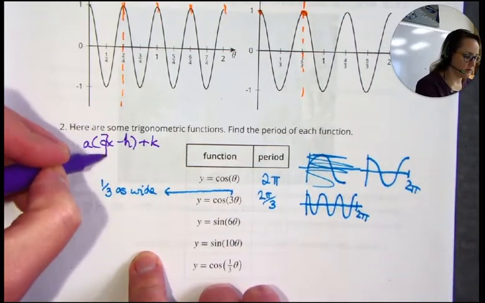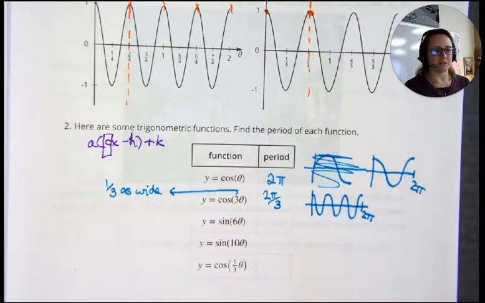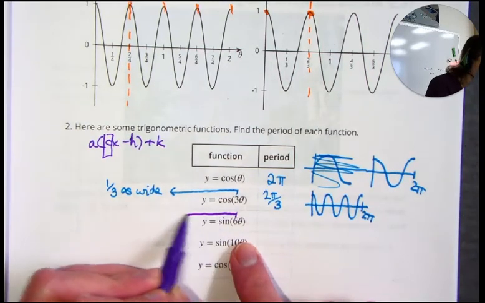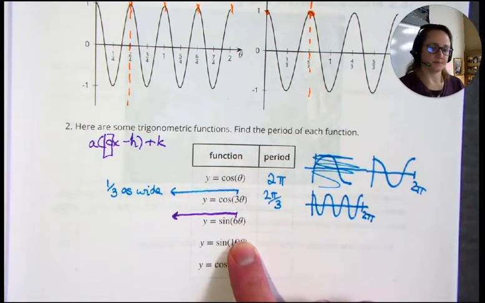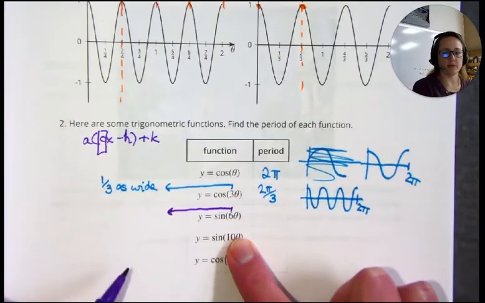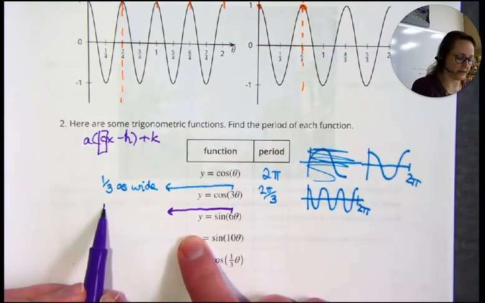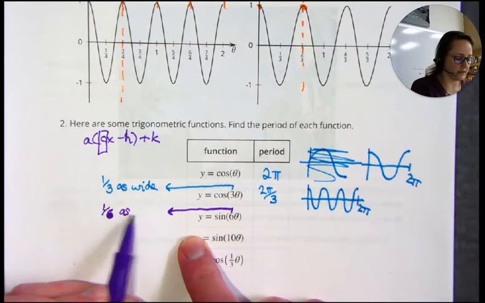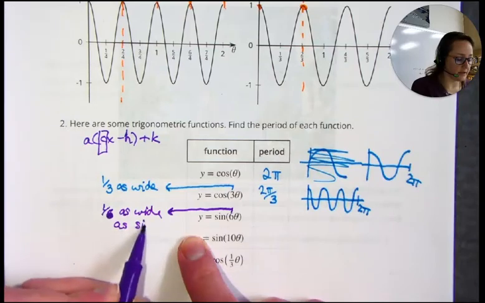And so remember that if they're inside with the angle measure, they're going to work opposite of what we tend to think. Okay? So continuing on, this idea that we would have this time 6 theta in parentheses means that it's not going to be 1/3 as wide like it was before. This time it's going to be 1/6 as wide as what we would have originally started with, 1/6 as wide as just a regular sine of theta.